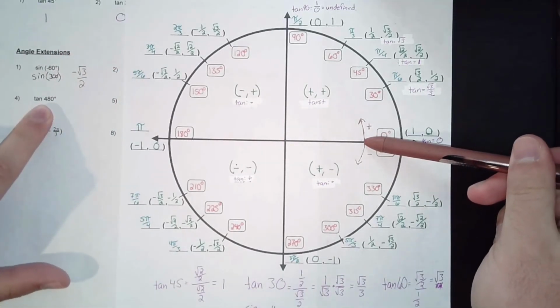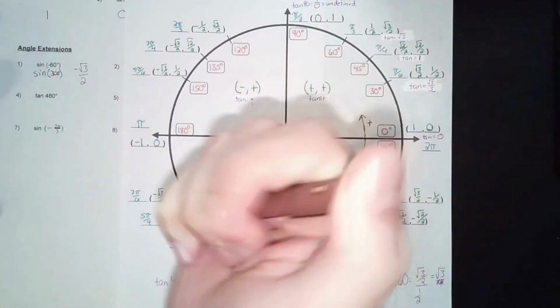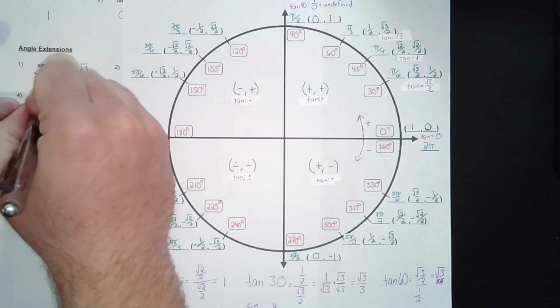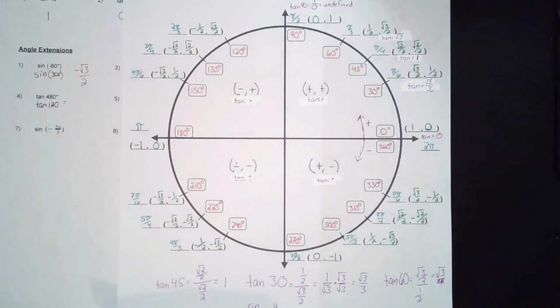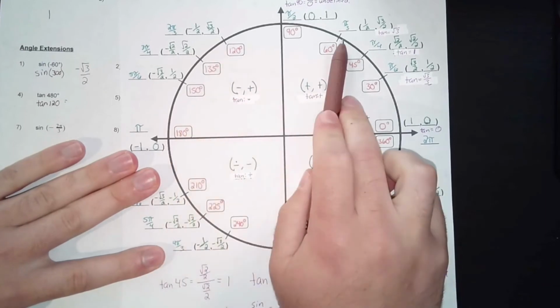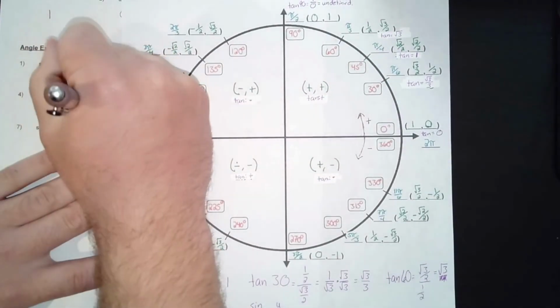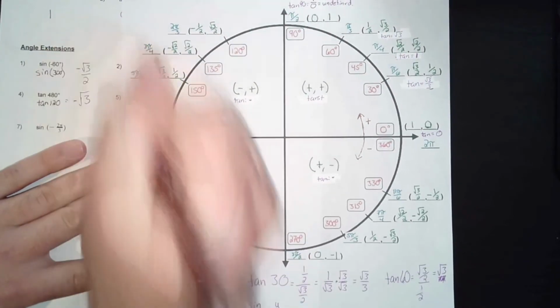Well, then I have an extra 120 left. So I would end up here at 120. So this tangent is going to be the same thing as tangent of 120 because I go my full 360 plus an extra 120 to make up that 480. When I do that tangent here, I'm going to go across to 60, which is the square root of 3. But because I'm in this upper left, my tangent is negative square root of 3.